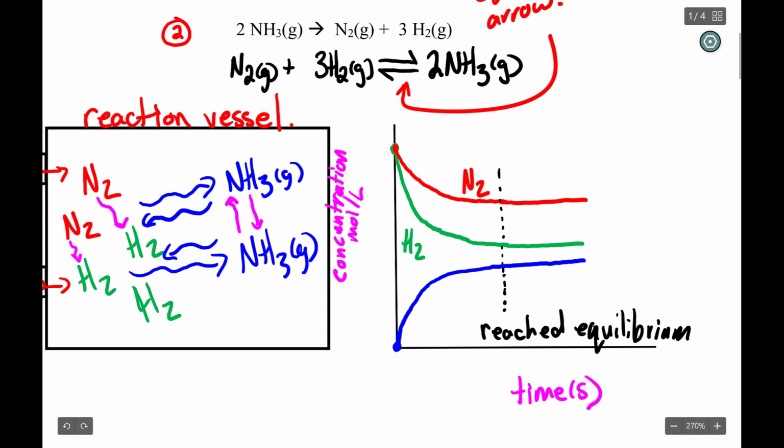So if I extend this line, the concentration at this point is not changing. I'm at equilibrium. When I extend this line, this is now at a constant concentration. It's going to be level, and same thing with the ammonia. So once these lines are flat, I know I am at equilibrium.